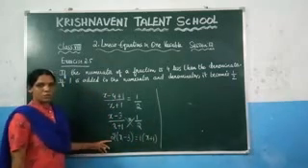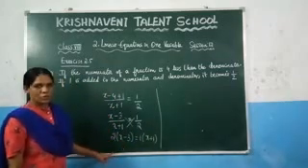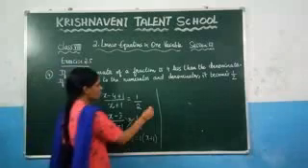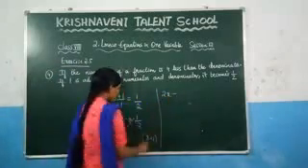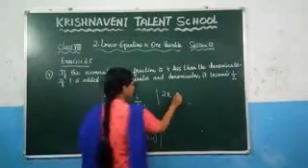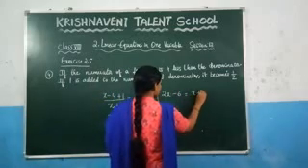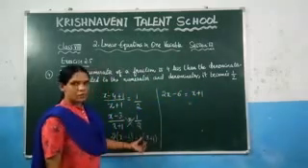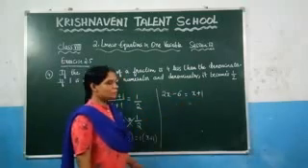Now multiply this 2 to these two values: 2 into x which is 2x, minus 2 into 3 which is 6, is equal to x plus 1. 1 into any value gives the same value, which is x plus 1.